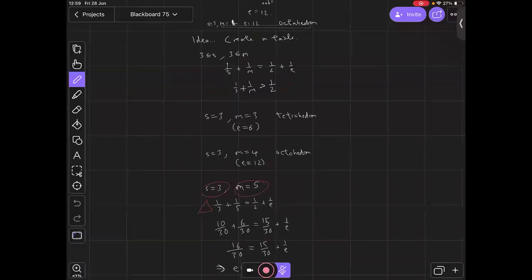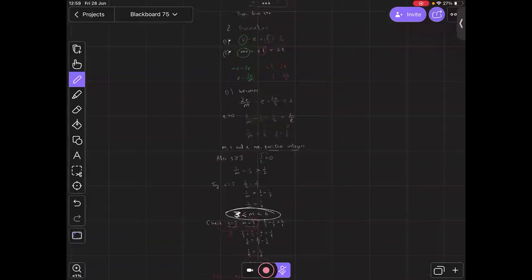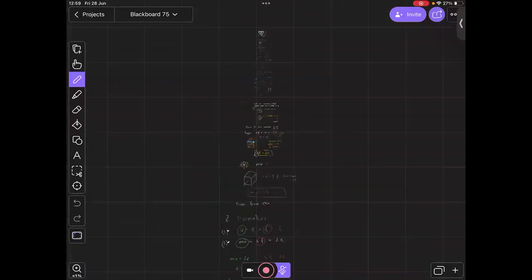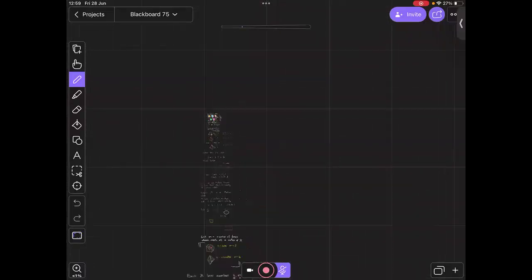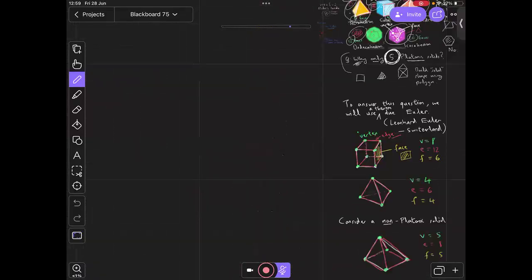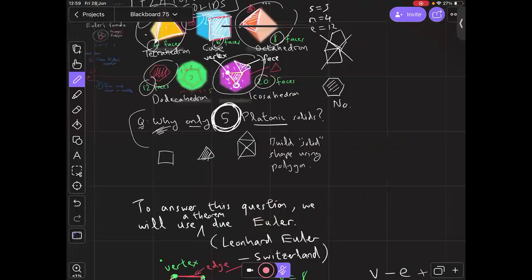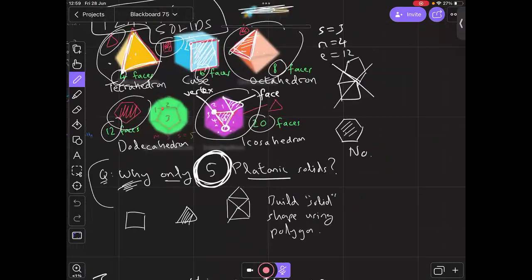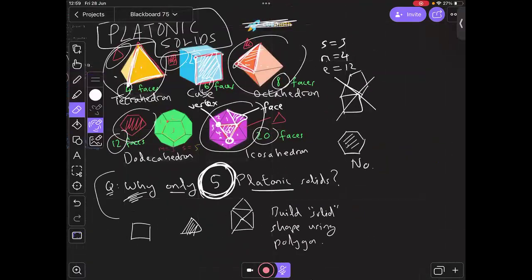Let me go back up and I'll show you the shapes again. So here's the shapes. Maybe I'll get out the eraser for a second.